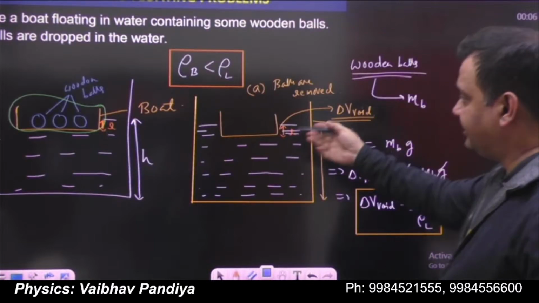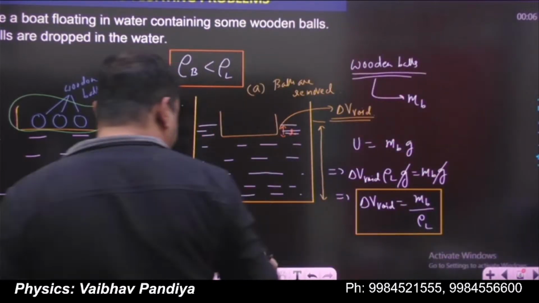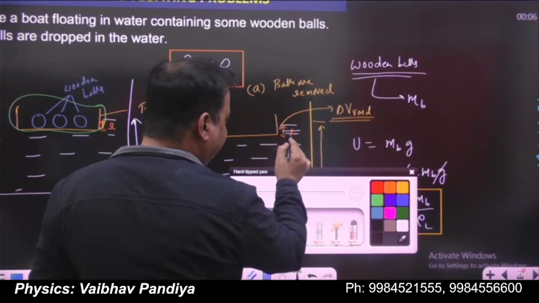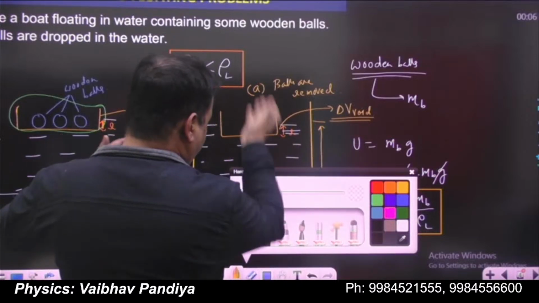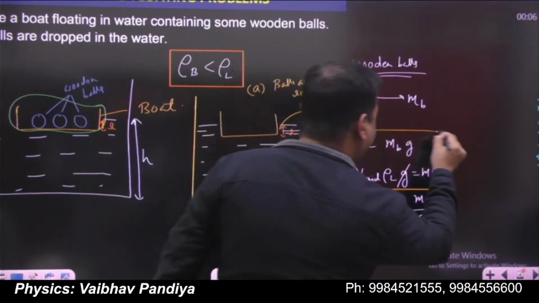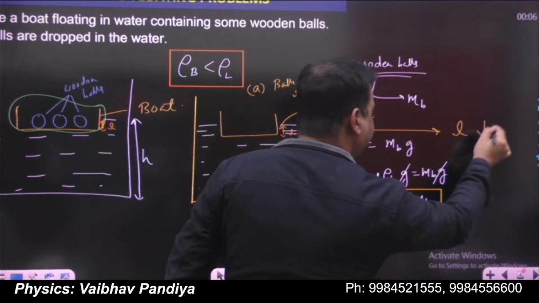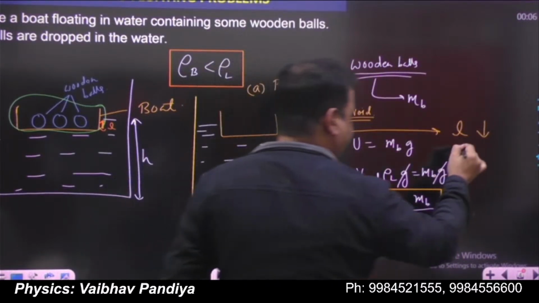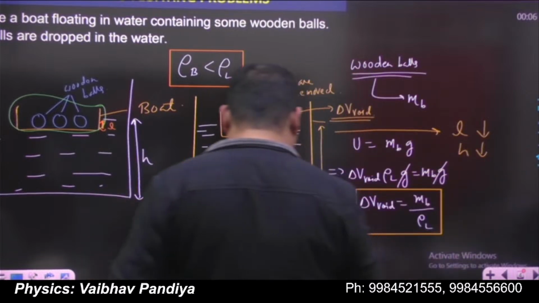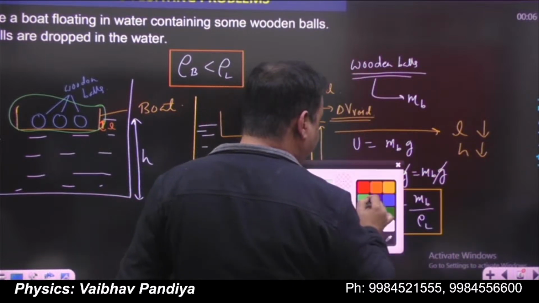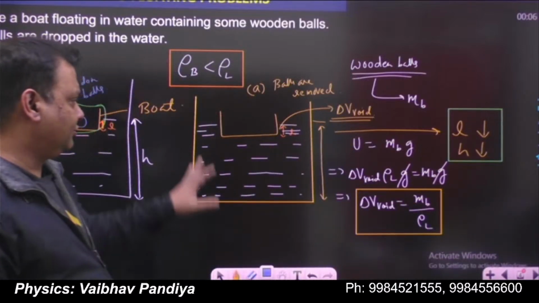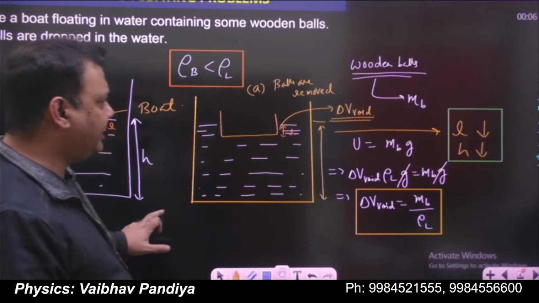So in this case, when you simply remove the wooden balls, L will decrease, we have already seen, because both will be lifted up. So L will get decreased, I'm putting the down arrow, and H will also get decreased. This level H will also get decreased, correct? Because the volume is getting free when you're removing the wooden balls. So when you're removing the wooden balls, both L and H will decrease.